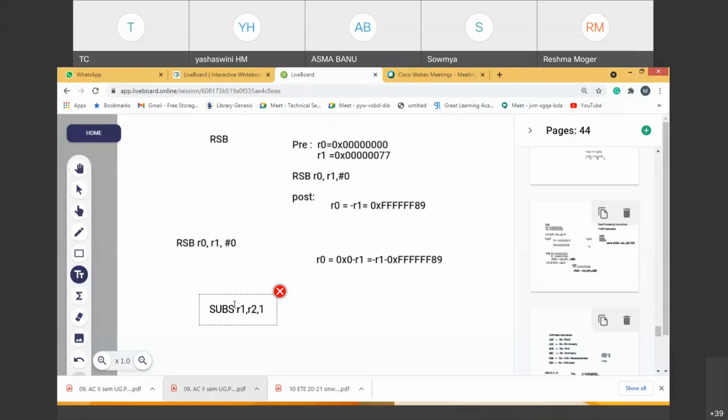Here, when we say subtract S, I'm just taking care of the CPSR register. That's how I'll write. I'll write pre. So how should I write pre? I'll use CPSR. What are the contents of CPSR?